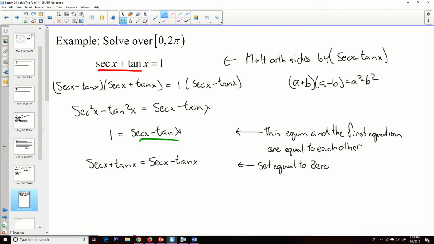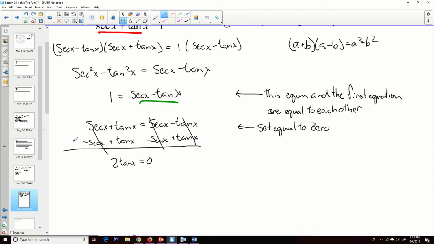So when I subtract secant x from both sides, minus secant x minus secant x, and I get plus tangent x plus tangent x. These cancel, those cancel, and I get 2 tangent x equal to 0.